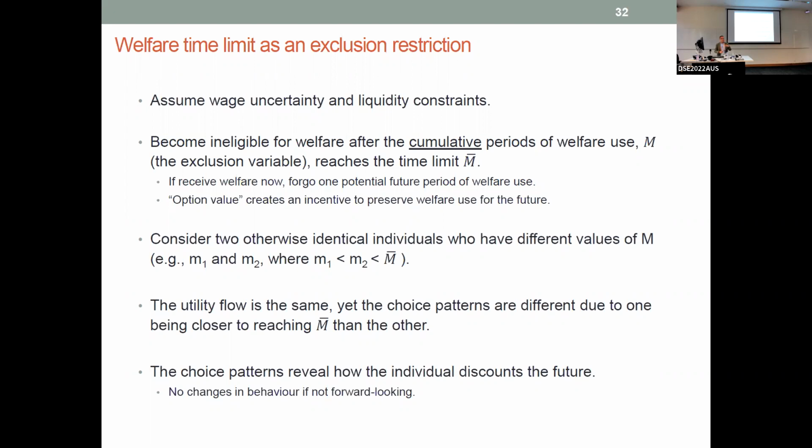Their utility flow is the same because neither has exhausted the time limit, but their choices, if they're forward-looking, could be different, because one person is closer to reaching that M bar where they become ineligible for welfare thereafter. So the choice patterns based on this variable M can reveal how the individual discounts the future. That's the basic idea. And there will be no changes in behavior if people are not forward-looking.